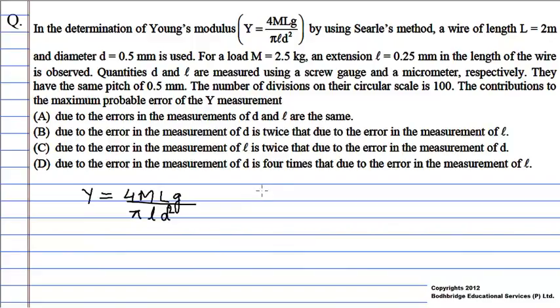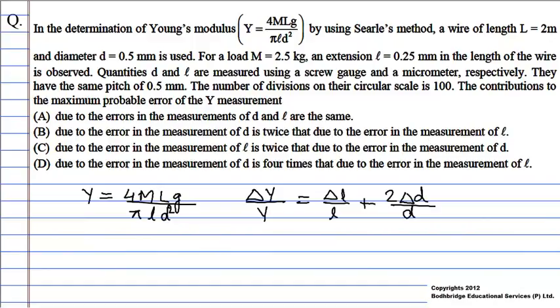Applying the concept of error analysis, we get delta Y upon Y is equal to delta l upon l plus twice of delta d upon d, where delta l is the error in the extension and delta d is the error in diameter.